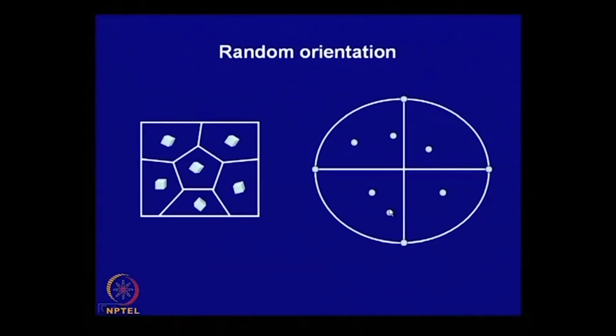Now, materials that we use are not made up of one crystal, they are made up of several crystals, and in most cases they will be oriented at random. That is why, as mentioned in the initial part of the last class, if the crystals are arranged at random and you try to calculate the tensile modulus or any elastic modulus, it will be independent of the direction.